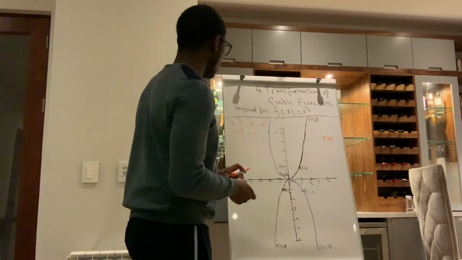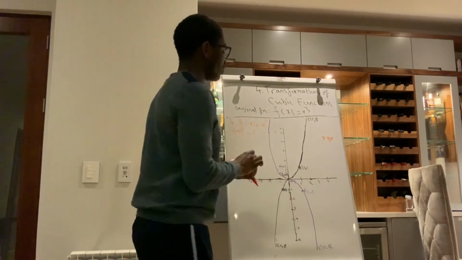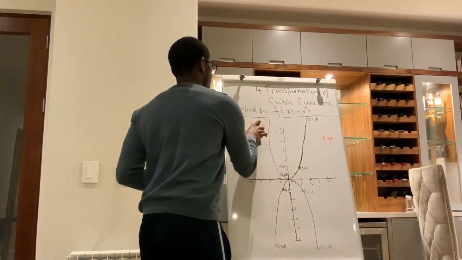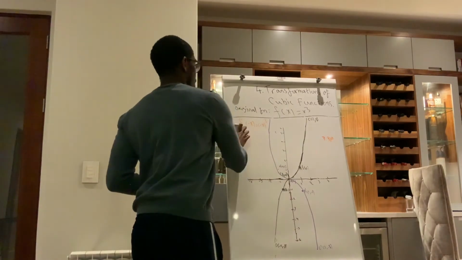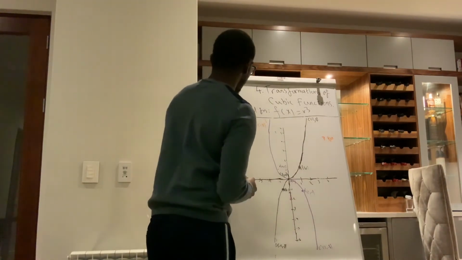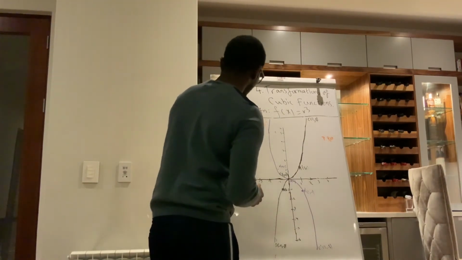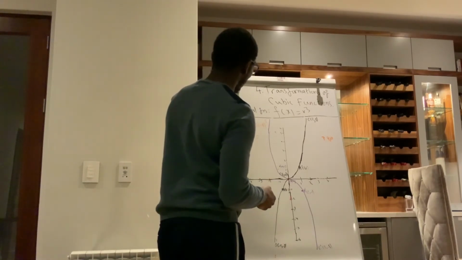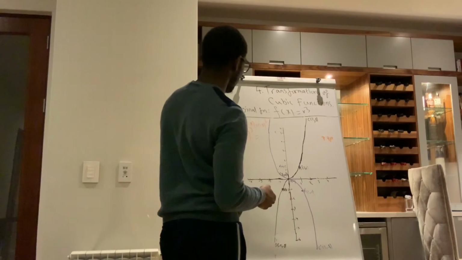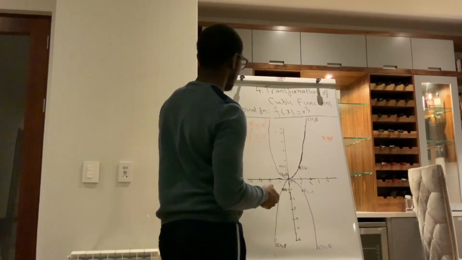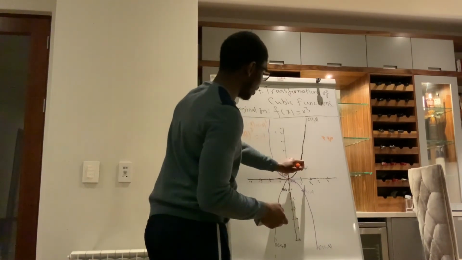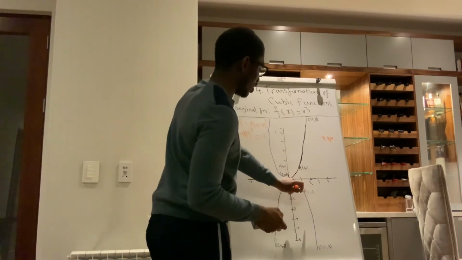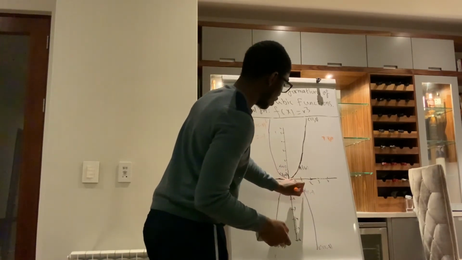So let me make this more clear. Negative x all cubed gives us an answer. So when x equals 1, we get negative 1. So the output of x equals 1 gives us 1, negative 1. So that point A dash stays the same.